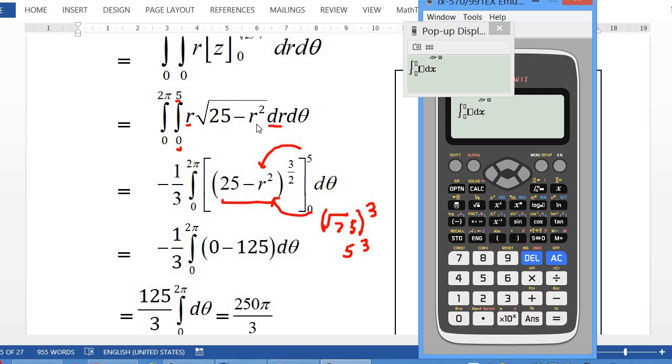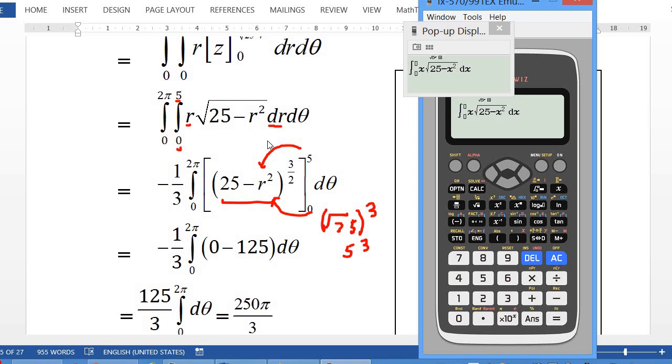In your scientific calculator, the integral is in the variable x only, so the r here, you change it to x. So I put x times the square root of 25 minus x squared dx.